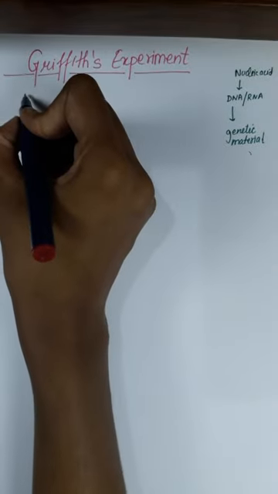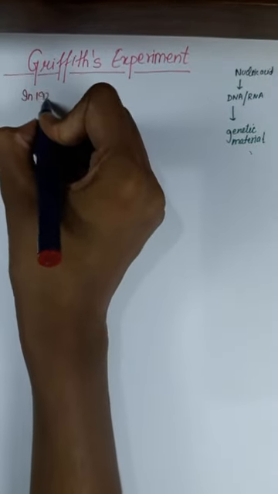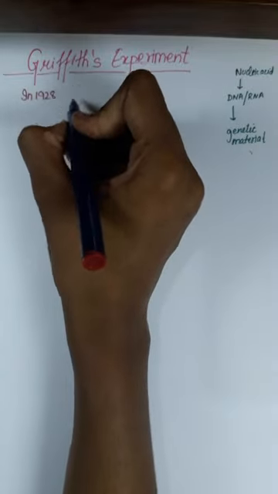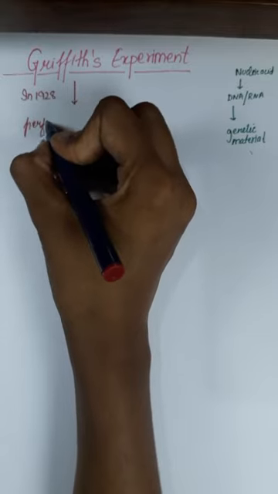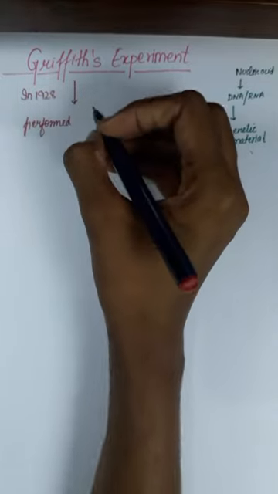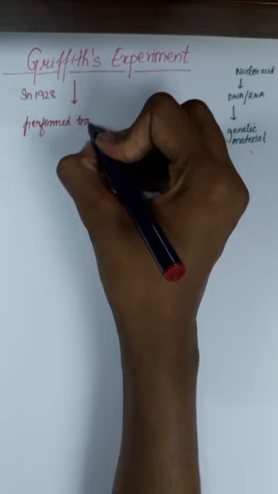In 1928, Griffith performed a transformation experiment.